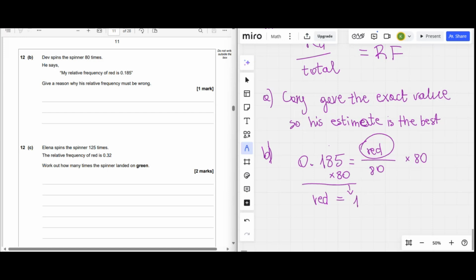And this is 14.8. Do you know what is wrong in here? It's not a full number. Exactly. Not a whole number. So Dev must be wrong.